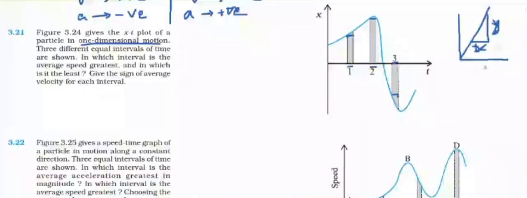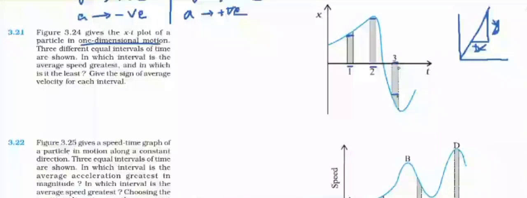If y is large, slope is large. And slope gives velocity. So for which case out of these three is y large? In all cases the horizontal distance is the same, t is the same, as we have seen. So y is maximum in the case of the third one.